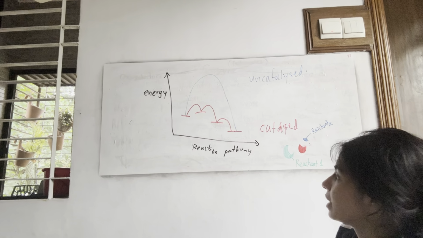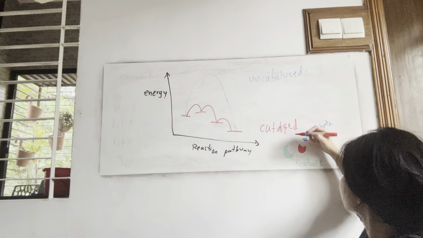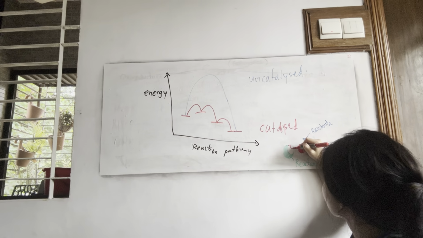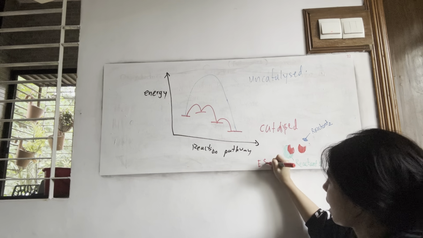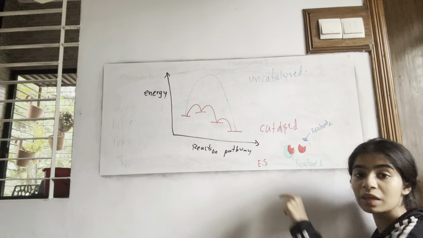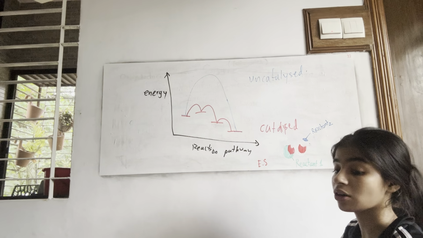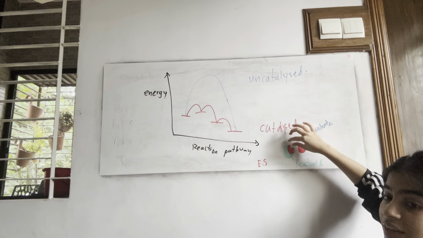So what really happens is that this comes here and binds with this, forming ES. What is ES? This is the ES intermediate, the enzyme substrate intermediate. You see how now this can easily fit into this?